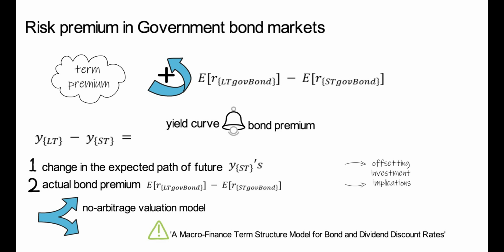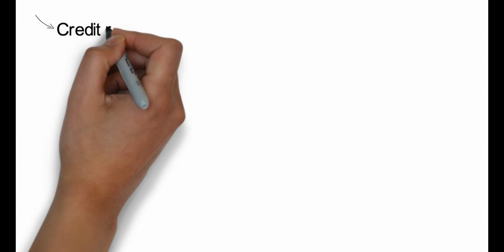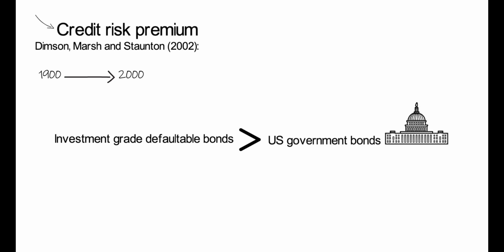Now let's move towards the static risk premium in the credit market. A research study by Dimson, Marsh and Staunton in 2002 uses data from 1900 to 2000. And the authors find that investment-grade defaultable bonds have only marginally outperformed US government bonds.